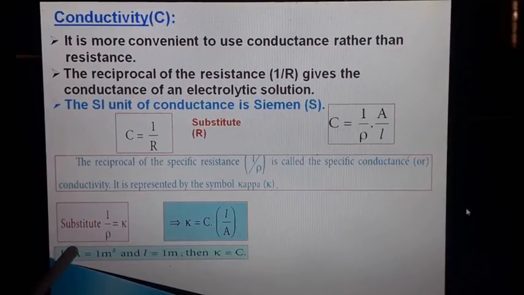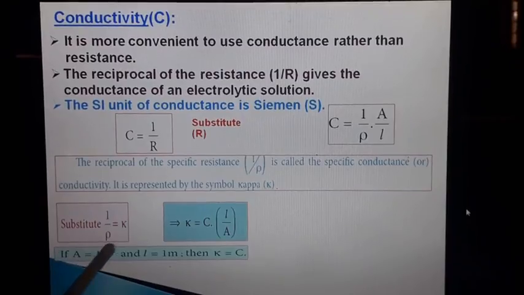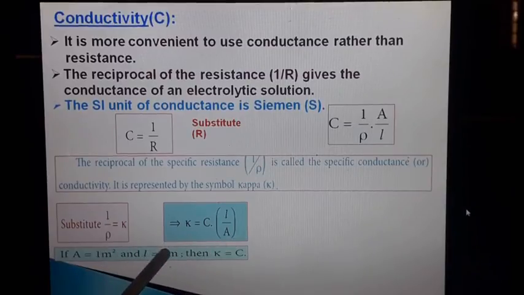If A is equal to 1 meter square, the area of cross section, and L, the distance between the two electrodes, is 1 meter, then kappa is equal to C. This is a very, very important point.